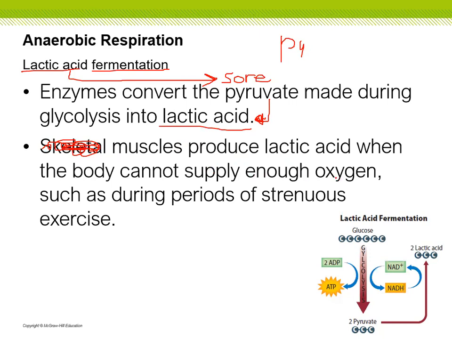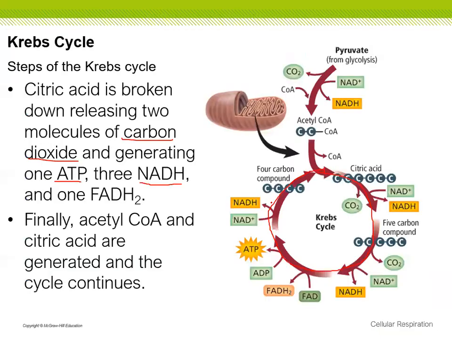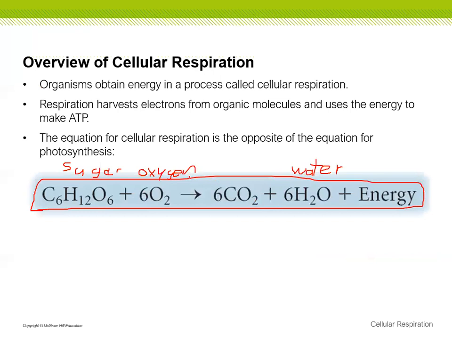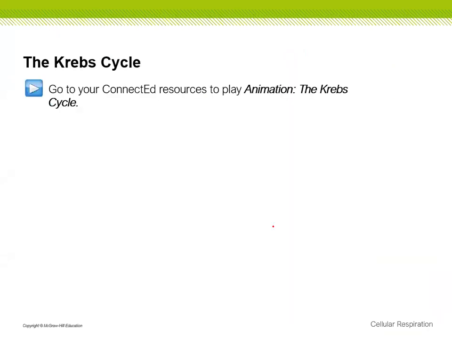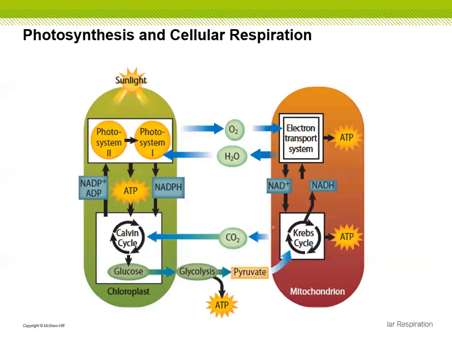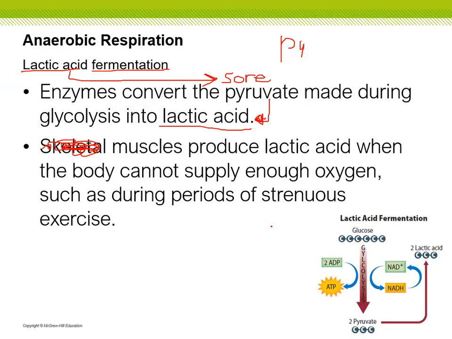When you're working out really hard, you're breathing deep in and out, right? Your body's struggling for air. That's why you're gasping for air when you're exercising hard. That means your body's not getting enough oxygen to supply to your cells, because energy needs oxygen. You do not get that energy without the oxygen. That's why you pant harder and harder. It's your body's way of trying to get that oxygen.